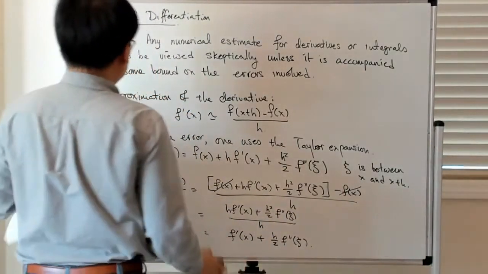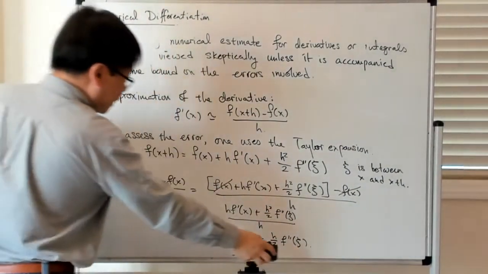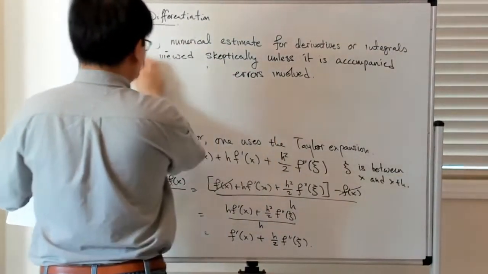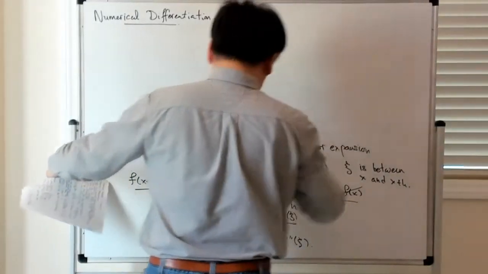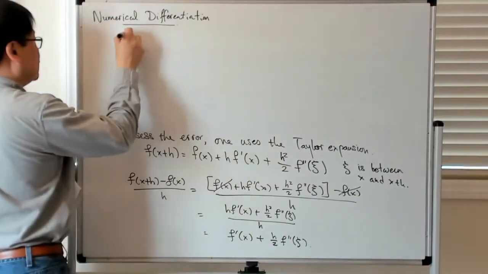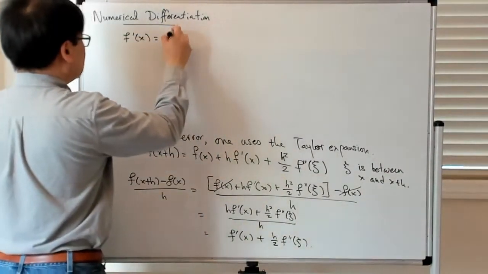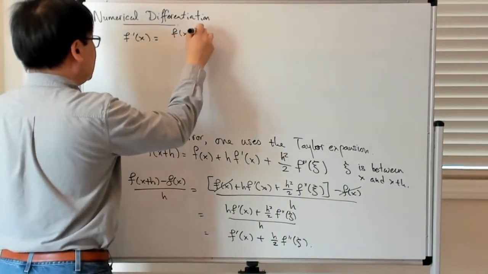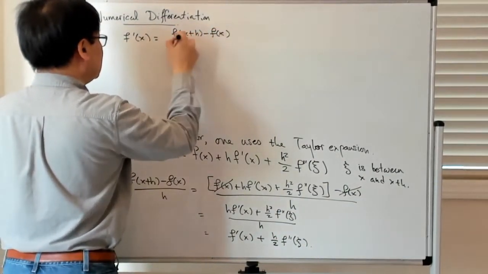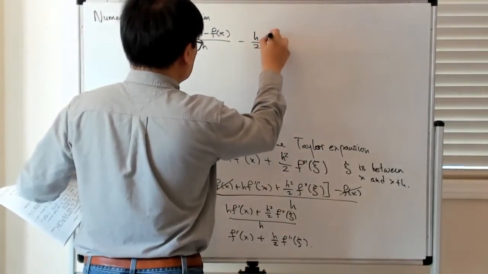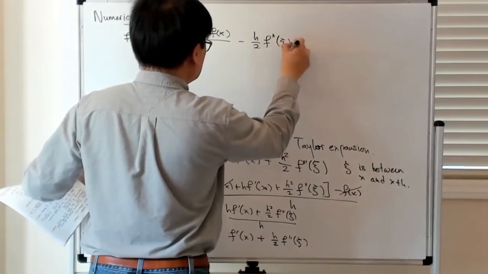Let me write it in a slightly different way by moving that error term to the left-hand side and then swapping the left and right-hand sides. So that's saying that f prime of x is equal to f of x plus h minus f of x divided by h minus h over 2 f double prime at c.